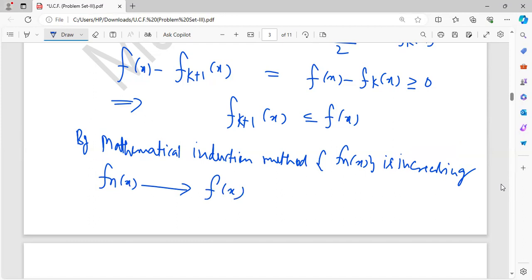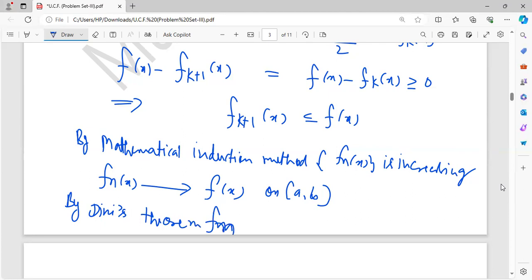Okay, now you see that f_n(x) is monotonically increasing. Each f_n(x) is continuous, f(x) is also continuous on [a,b]. f_n(x) is continuous, f(x) is continuous, so by Dini's theorem, f_n converges to f uniformly on closed interval [a,b].